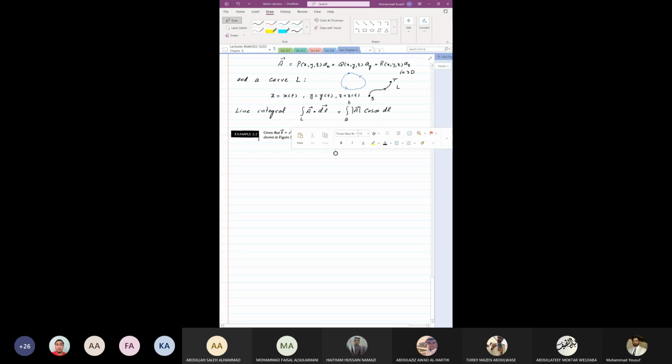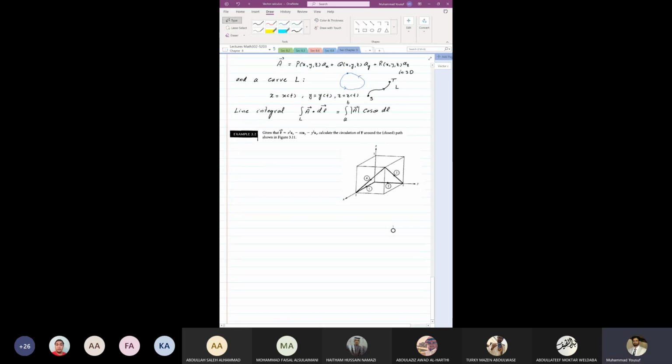Let me put that figure here also. Now you can see the bold curves, bold lines, bold vectors. 1, 2, 3, 4.